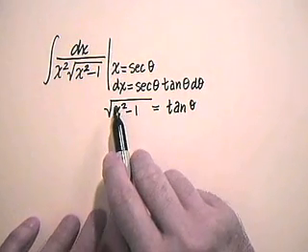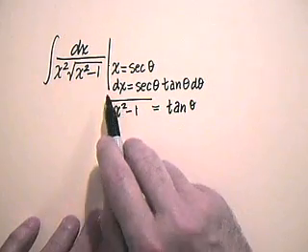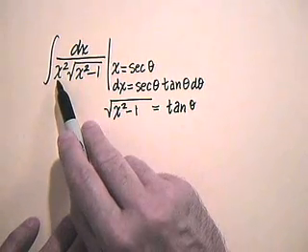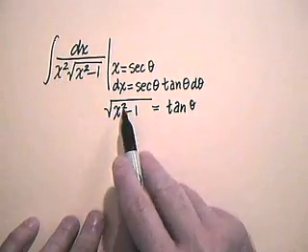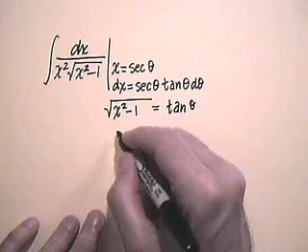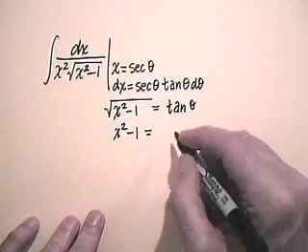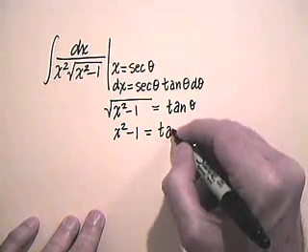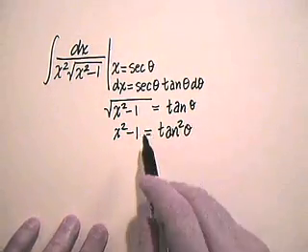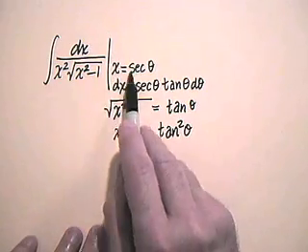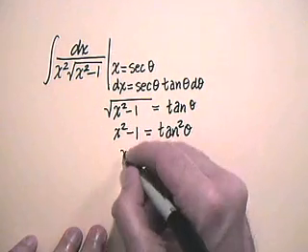Well, let's see, we want to get everything in terms of theta. What about this x squared? Notice x squared minus 1 is tangent square theta, or x squared is secant square theta.